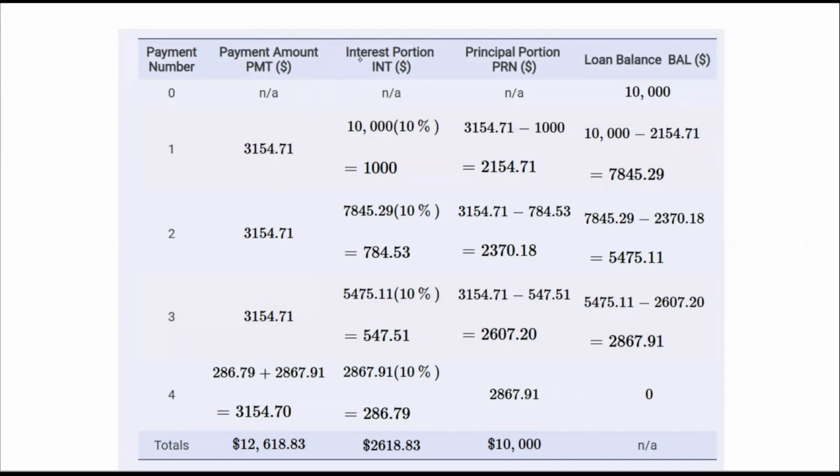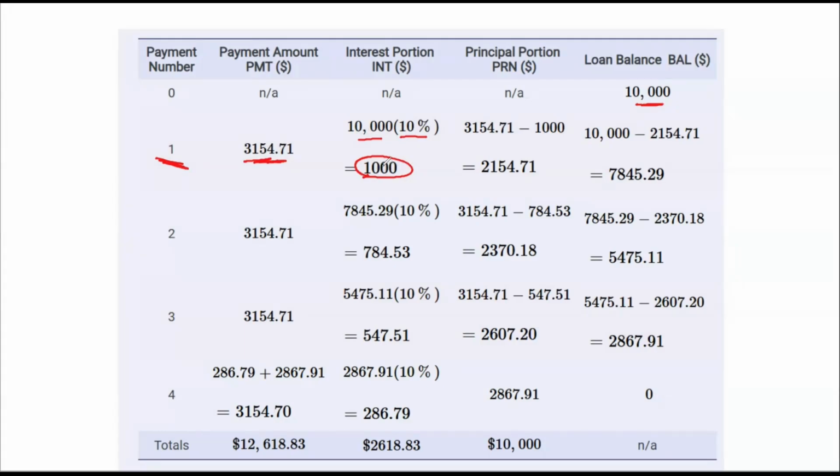So we borrow $10,000, right? And for that first year, you will have to pay 10% interest on that 10,000. So you have to pay $1,000 in interest, right? So out of this $3,154.71, 1,000 of that is interest. That's what the bank charges you in terms of interest.